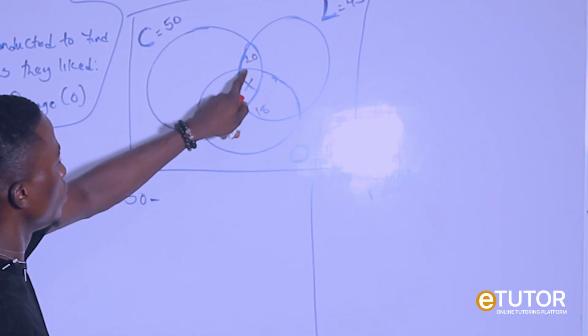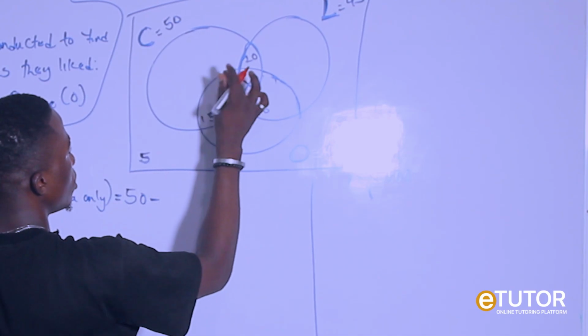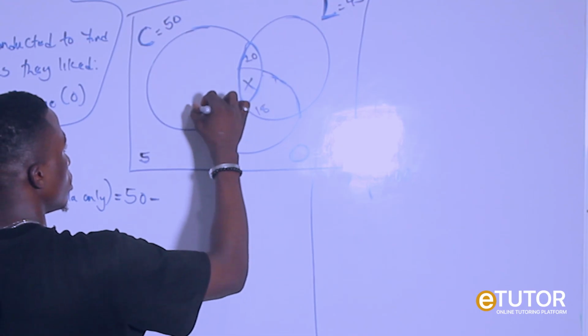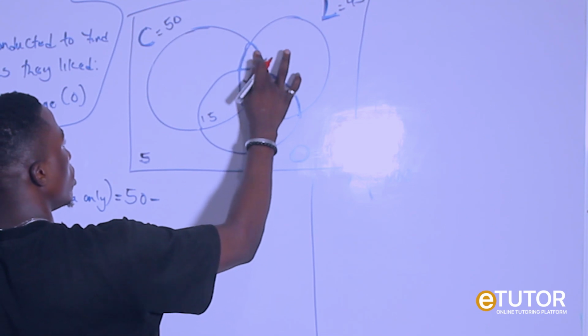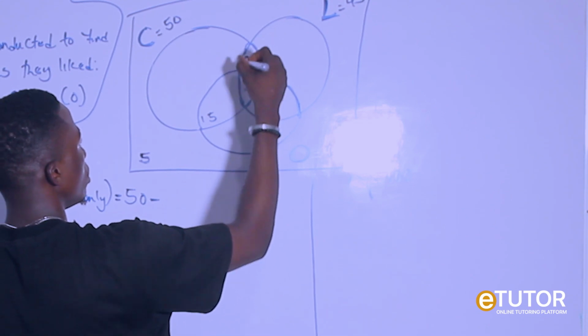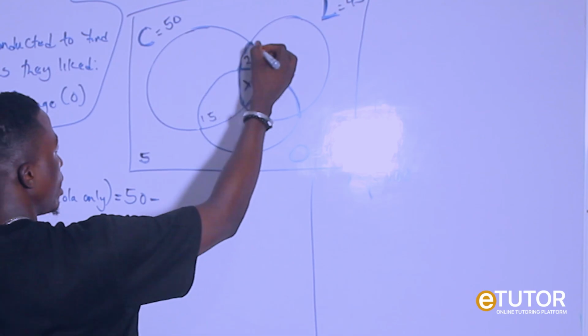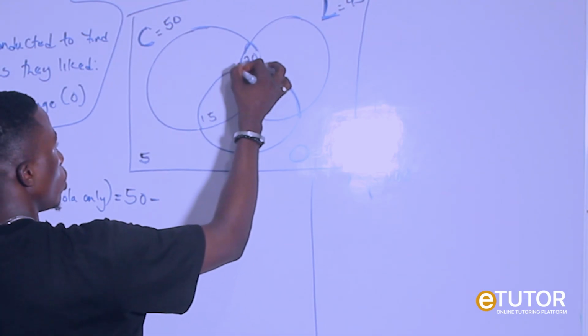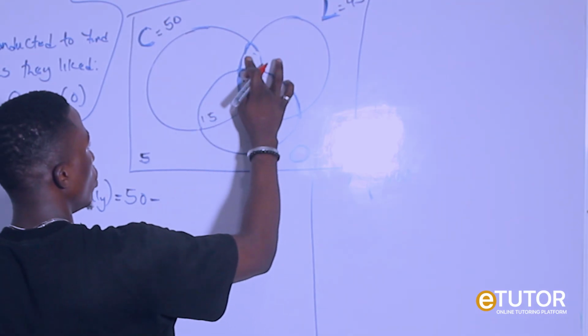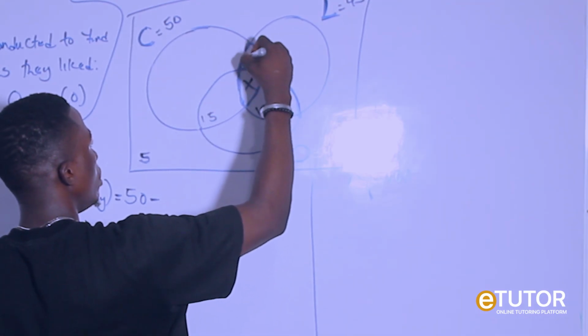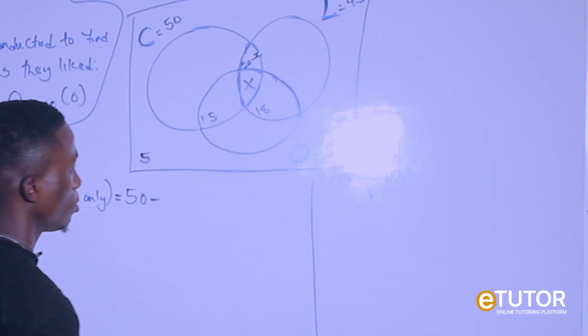But a portion has been cut out of this 20. X was cut out of it. So this entire portion is 20, like we're told in the question. But if you look at this diagram well, x was cut out of the portion of 20. So here would be 20 minus x.